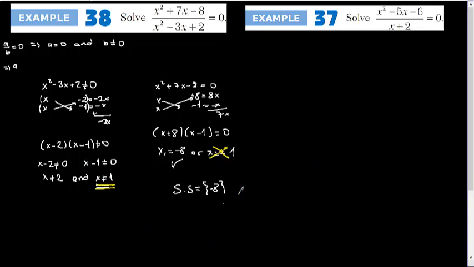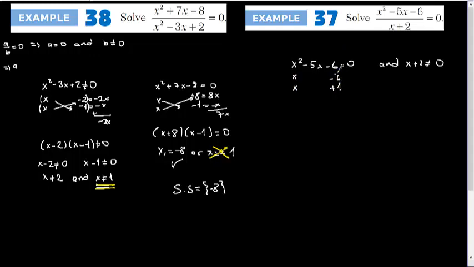with quotient here, x squared minus 5x minus 6 is equal to 0, and x plus 2 is not equal to 0. I should solve like this normally. If I factorize this one, x and x, it's going to be minus 6 and plus 1, it must be.